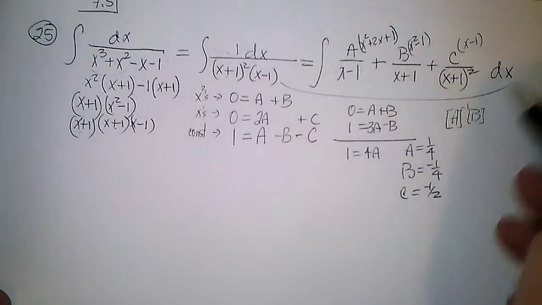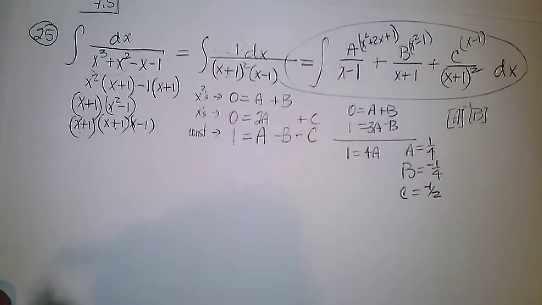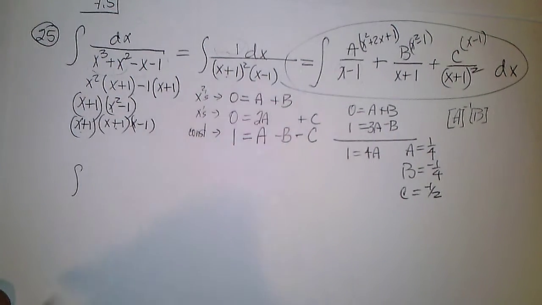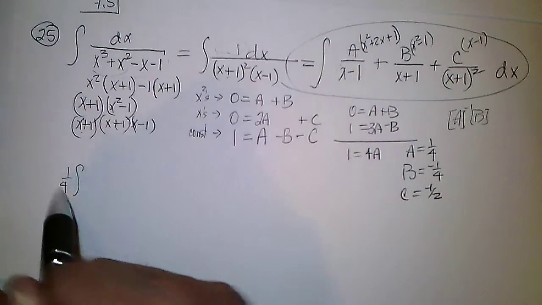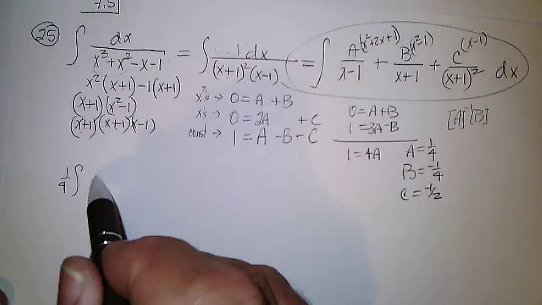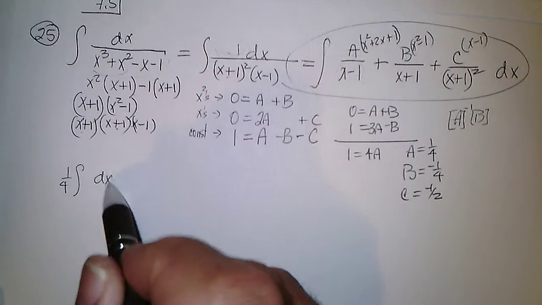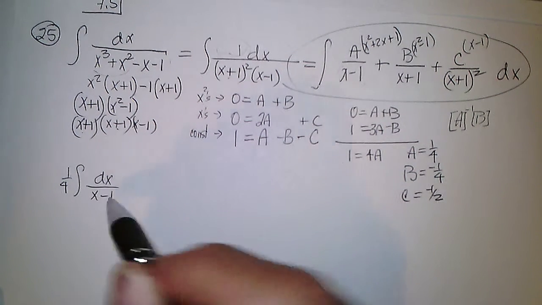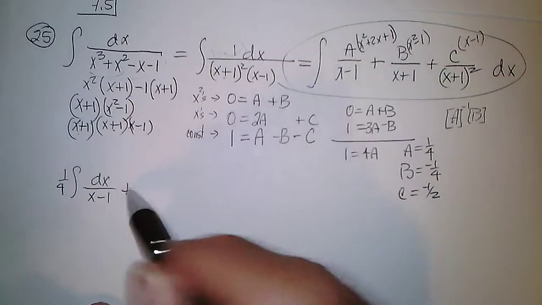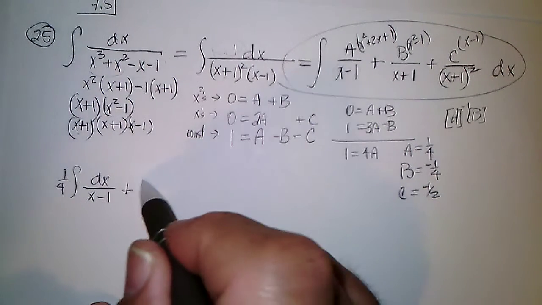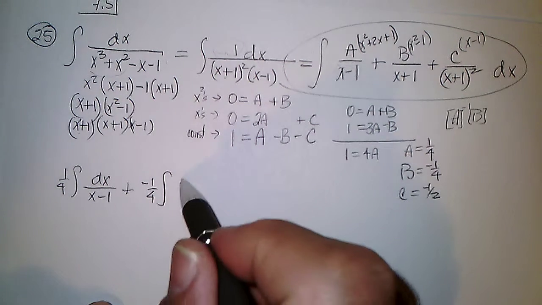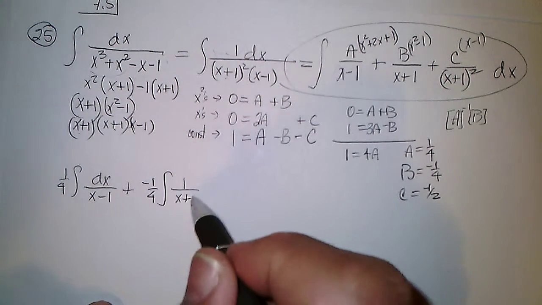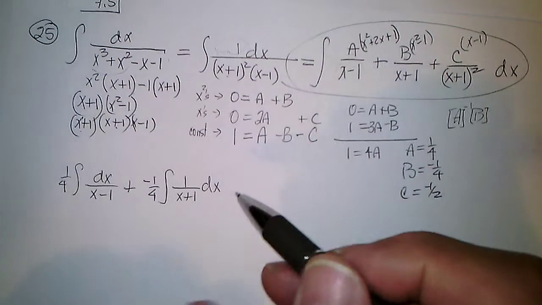And so my original problem up here would turn into the integral. The A could come out. It would be 1/4 the integral of dx over x minus 1, plus the B could come out, so that'd be negative 1/4 the integral of 1 over x plus 1 dx.